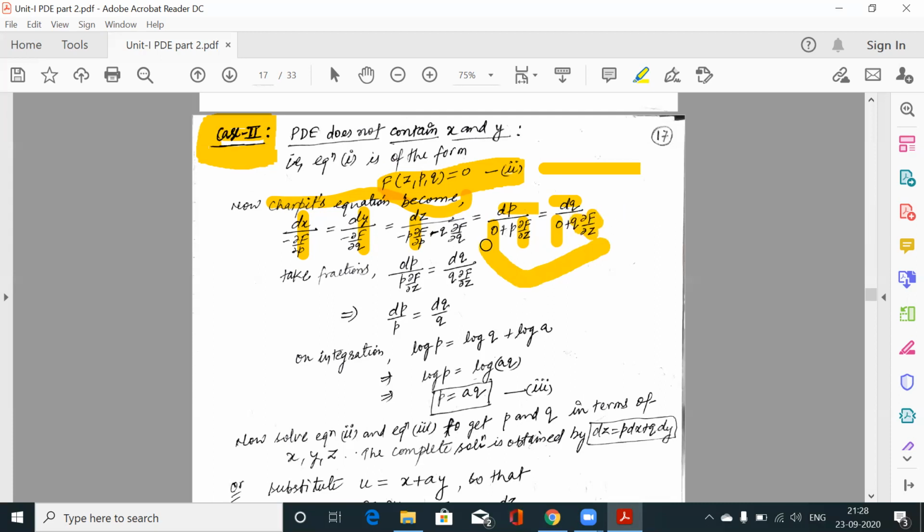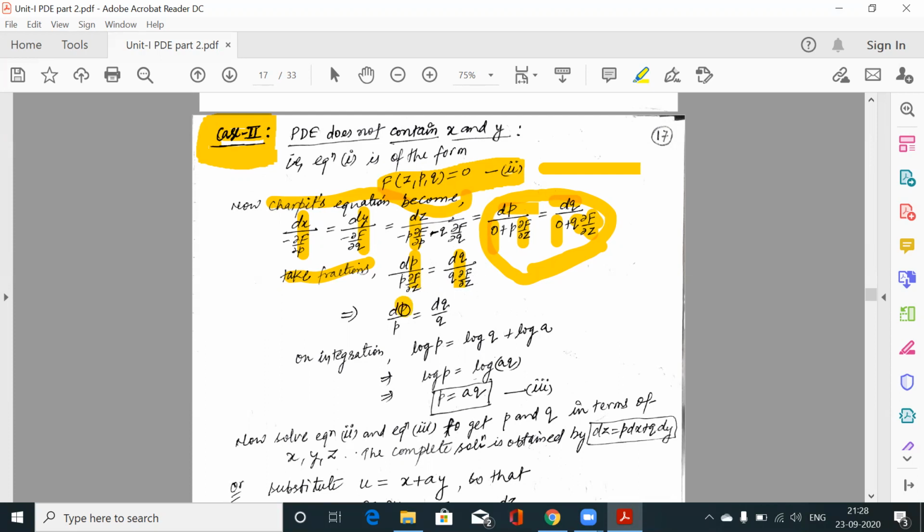So if we take this pair of auxiliary equations in Charpit's method, then we get the fractions dp over p del f over del z, dq over q del f over del z. Next, this del f over del z and this del f over del z can be cancelled out.